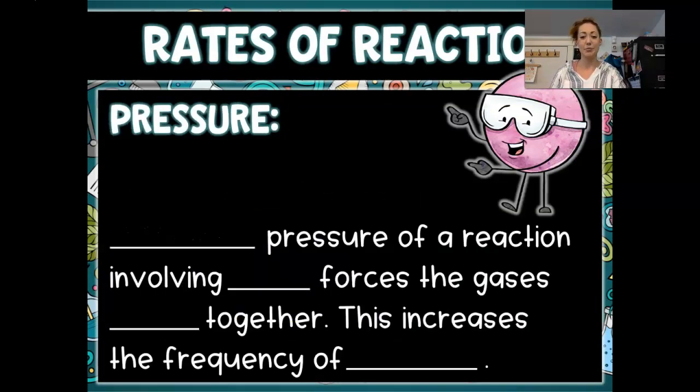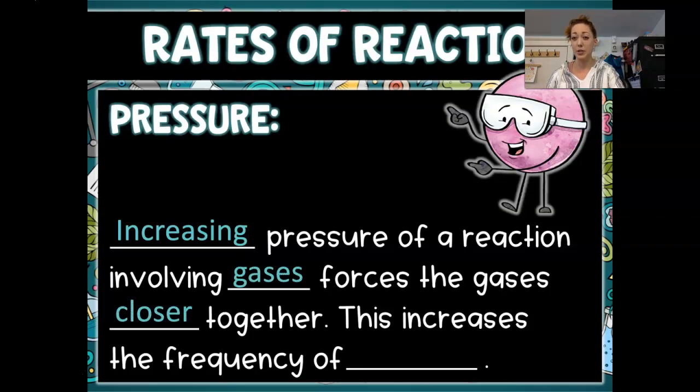Pressure. If we increase the pressure of a reaction involving gases, it forces the gases closer together. This increases the frequency of collisions. This would be like blowing up a balloon.